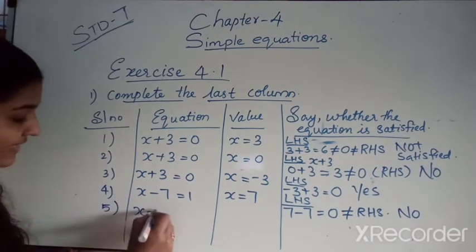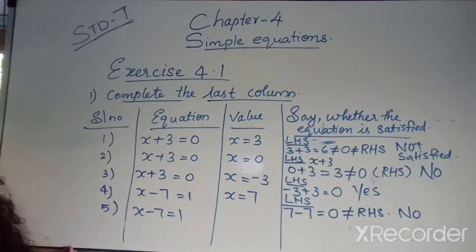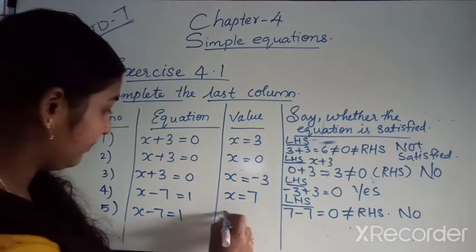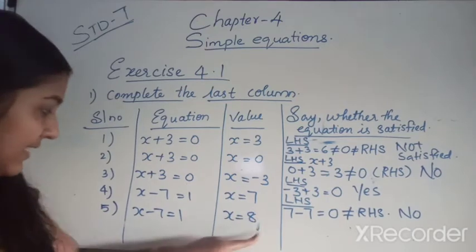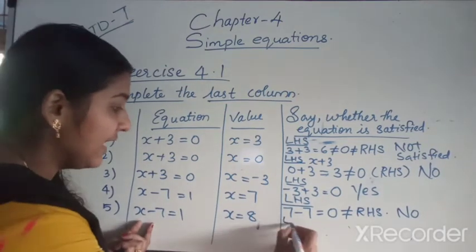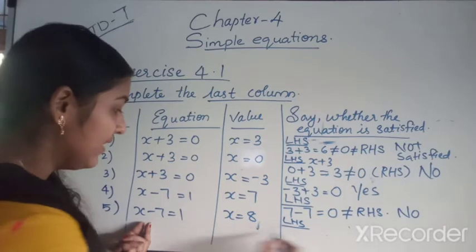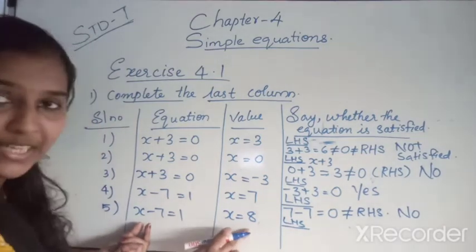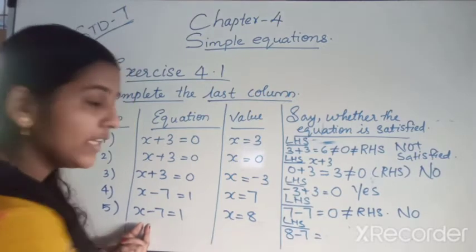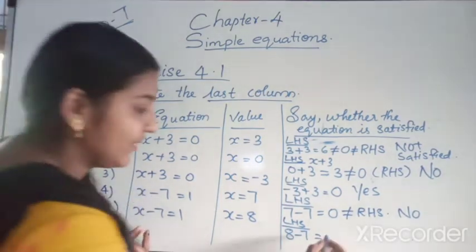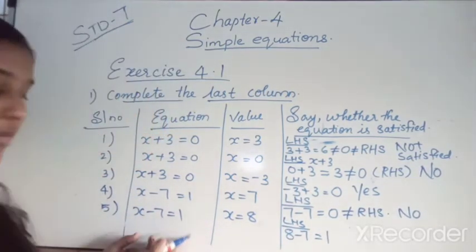X minus 7 is equal to 1 and x is equal to 8. So take the LHS, that is left hand side, x minus 7. Here the value of x is 8. So you can put 8 here, 8 minus 7. What is 8 minus 7? It is 1, isn't it, children? So look here, what is our RHS?